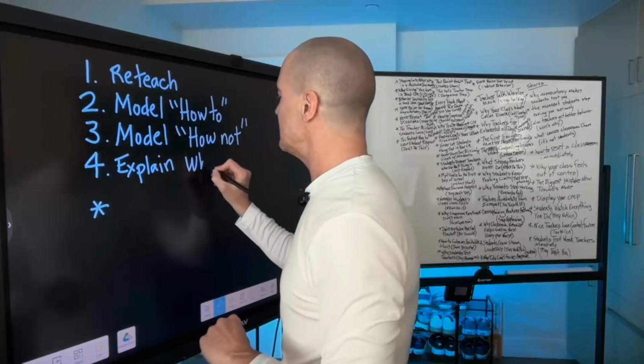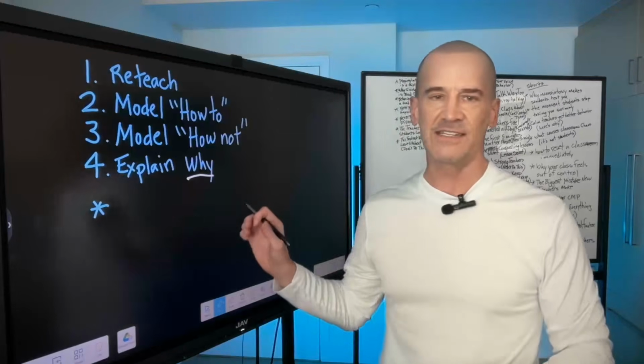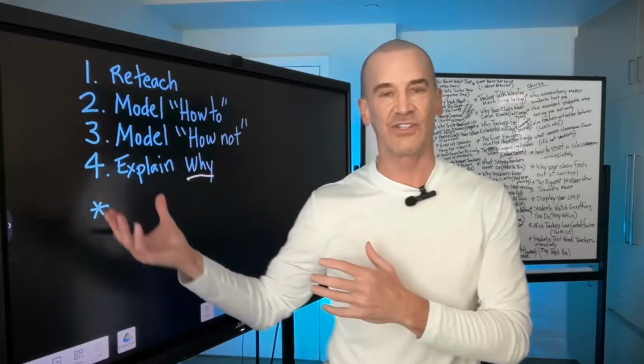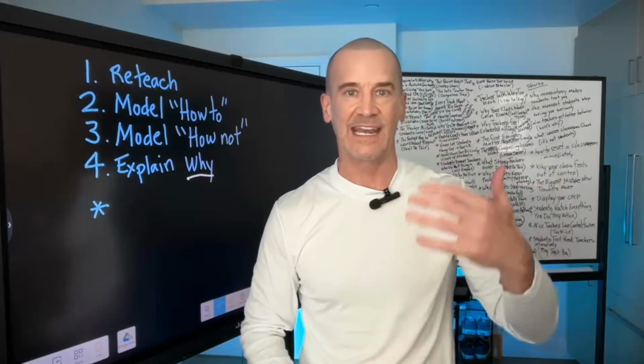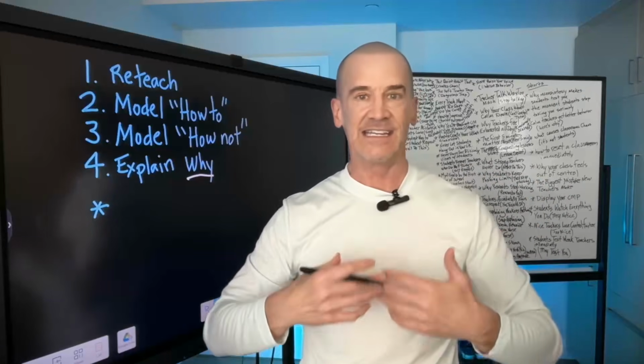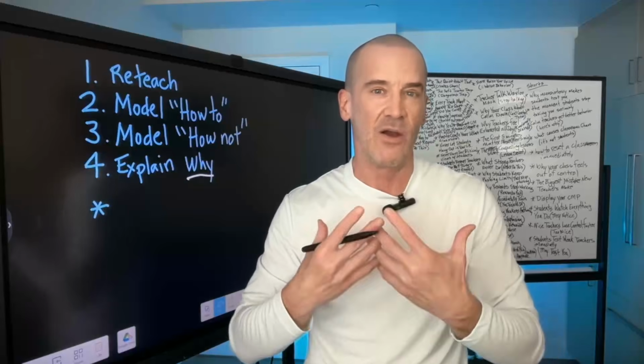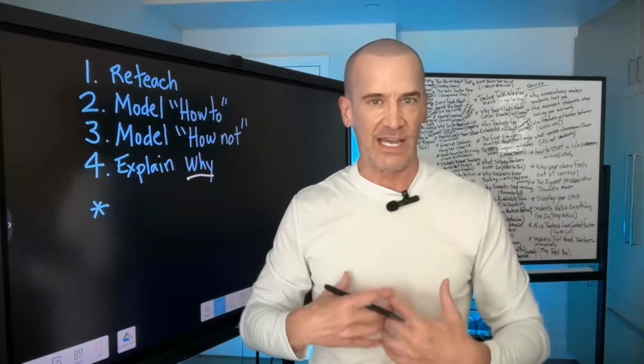is to make sure you explain why. This is a big one, and sometimes this can be the reason why your students are breaking that rule again and again, because you haven't explained in detail why. The students need to know the compelling why for it to really affect their behavior.